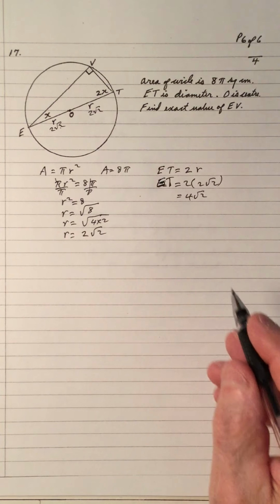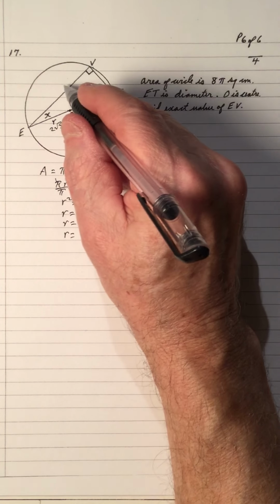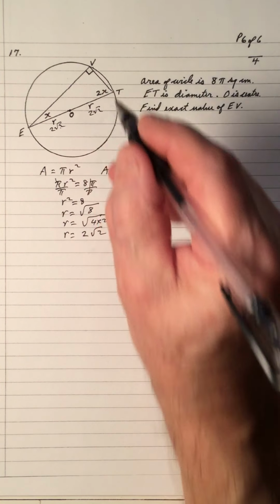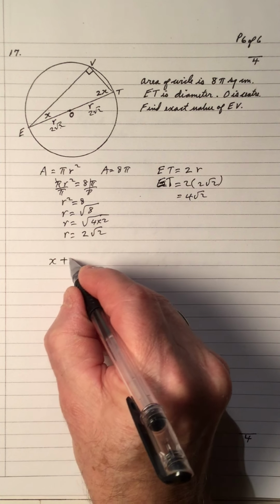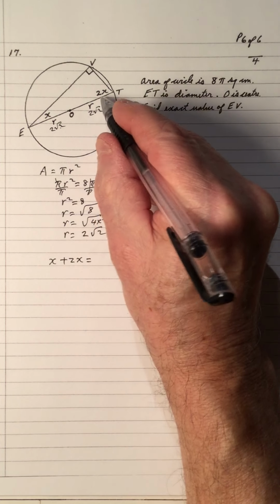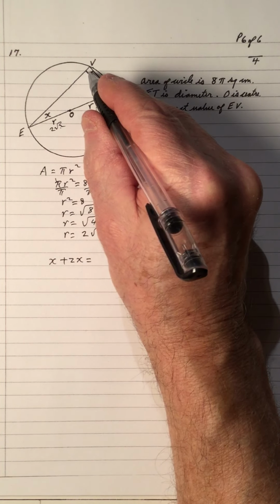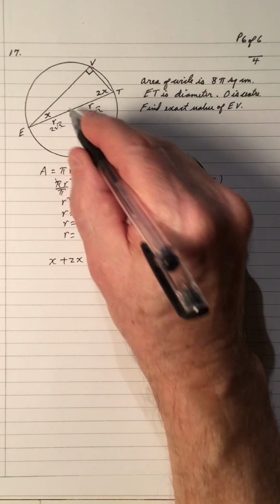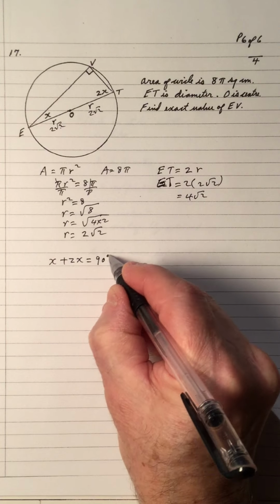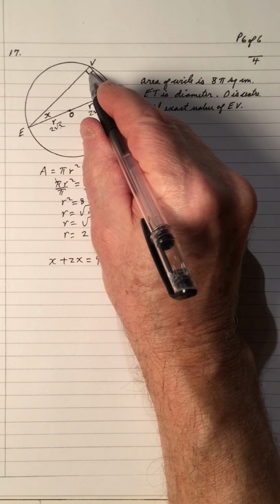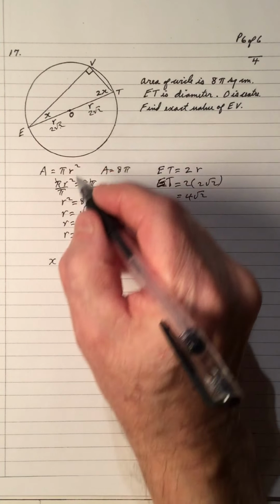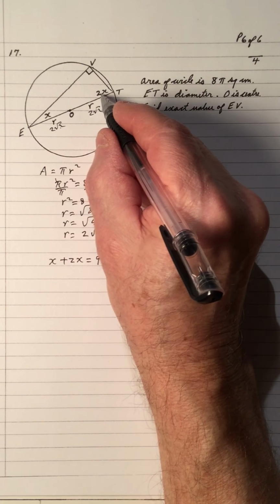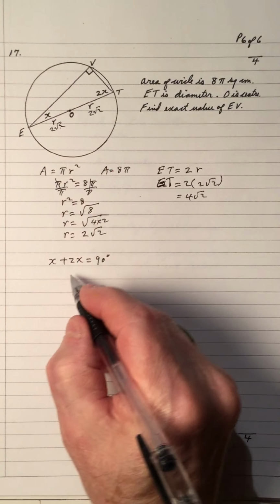Now, we need some angles. How do we get to this side? Well, we got x and 2x. That means that x plus 2x are the angles of this triangle. If that's a 90, all of them added up is 180. So that means these two angles must add to 90. So x plus 2x equals 90, plus 90 is 180.